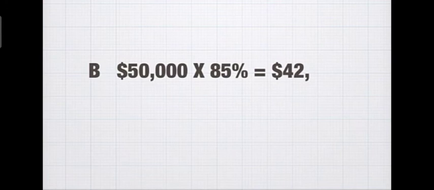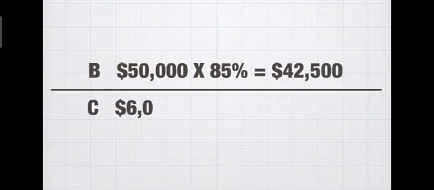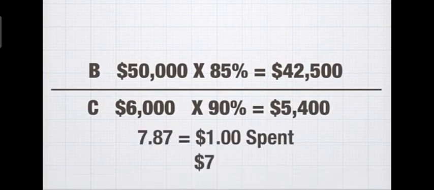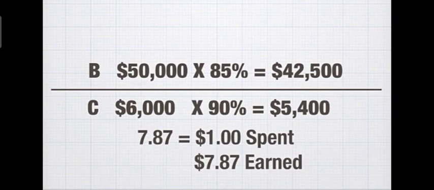Now, when we divide the expected value of the revenue, $42,500, by the expected value of the cost, $5,400, the resulting benefit cost ratio is 7.87, which means that for every dollar that we spend on this project or this idea, we estimate that we'll earn $7.87. That's a terrific return.